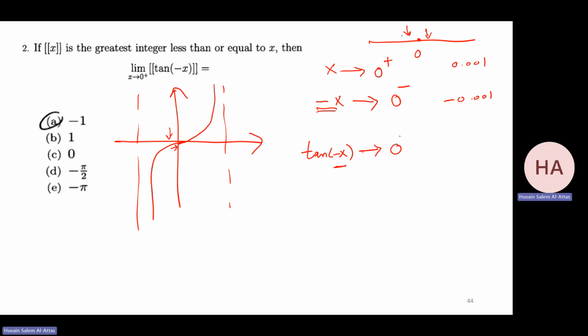If you think about it, tan of negative something will be minus point something, so it's 0 from the left. So the greatest integer for sure goes to minus 1, because I already take the greatest integer function. So that equals minus 1. I hope it's clear.